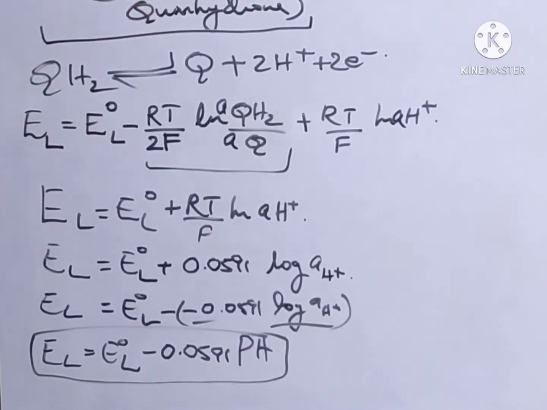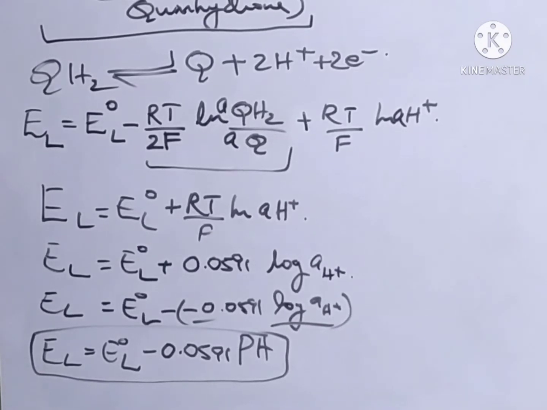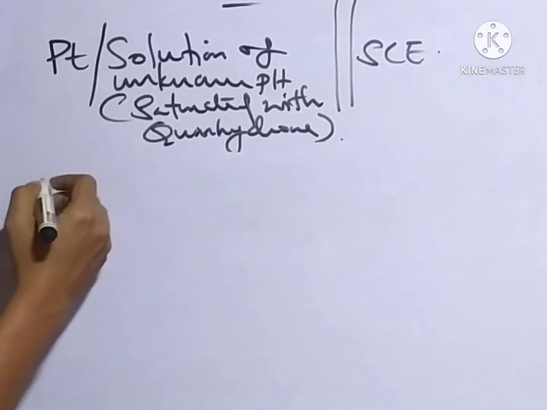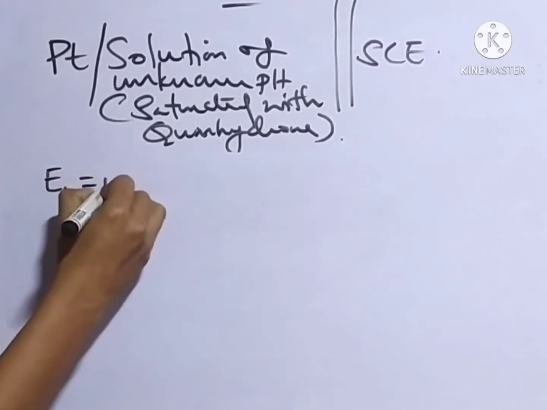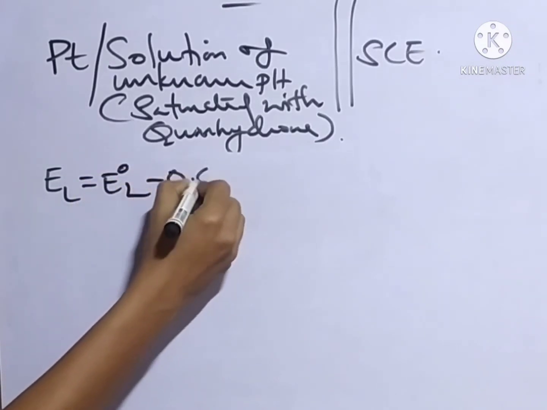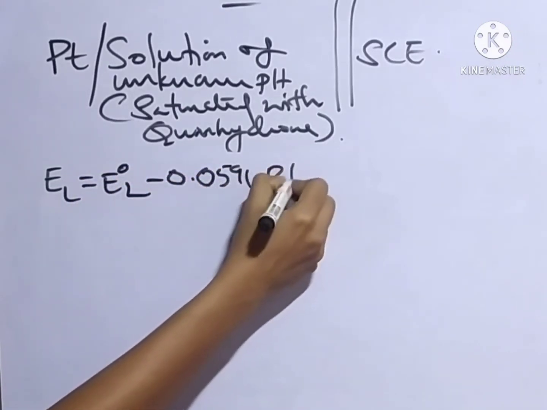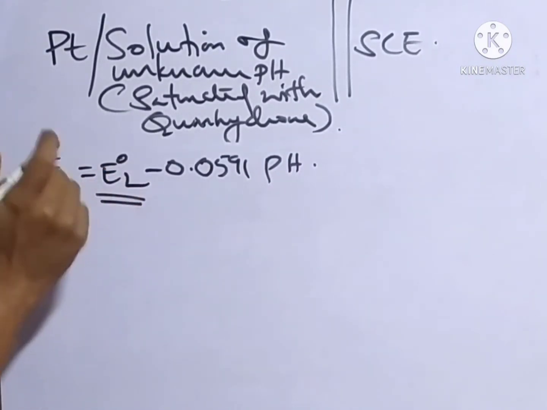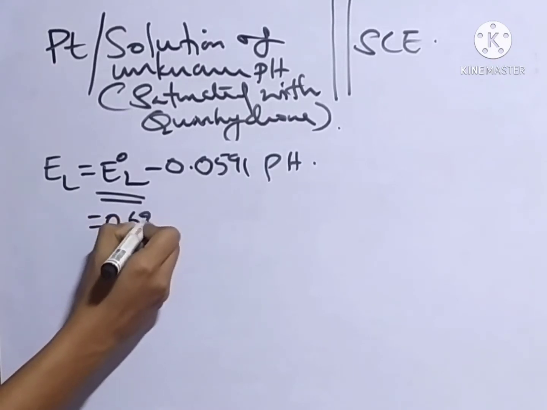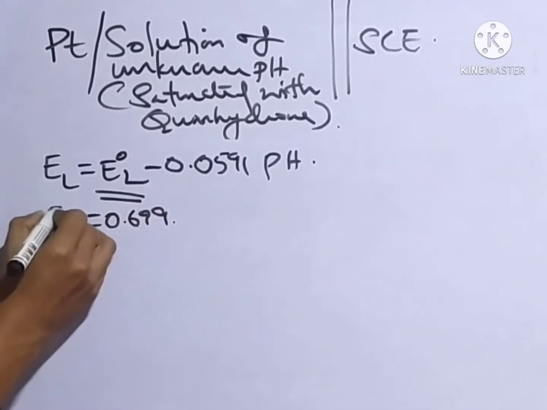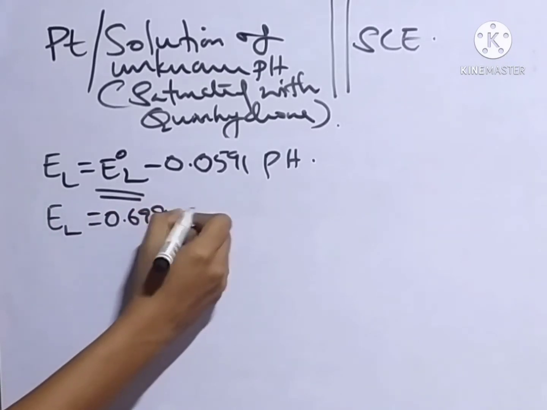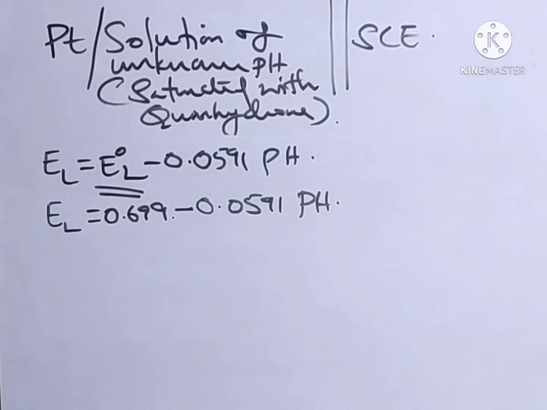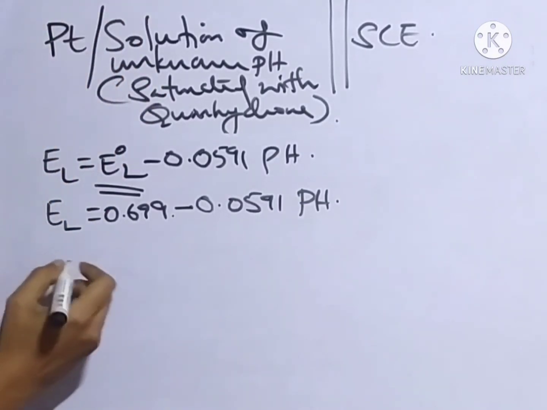Now we have to calculate the entire EMF of this cell. So we got EL equal to E0L minus 0.0591 pH. Actually, the E0L value is 0.699, so we can take it as 0.699 minus 0.0591 pH. Now let's calculate the EMF of the cell.